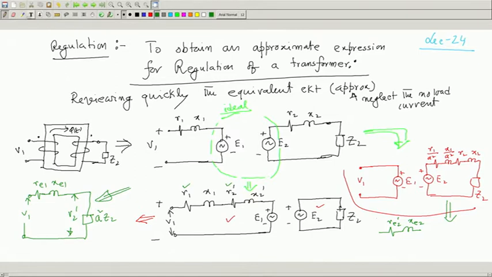R E 2, if I am writing no dashed, it means R 2 plus R 1 by A squared, and X E 2 is X 2 plus X 1 by A squared, and then you say that okay, this is the thing, and here you say Z 2.